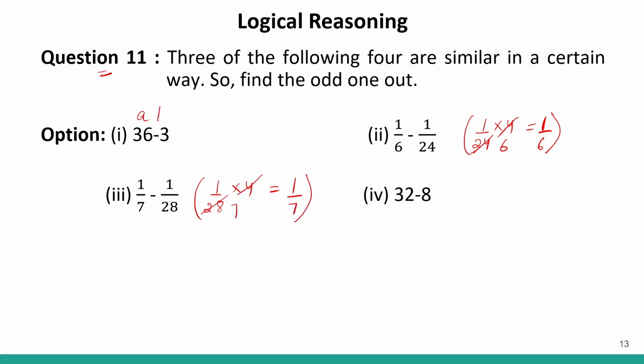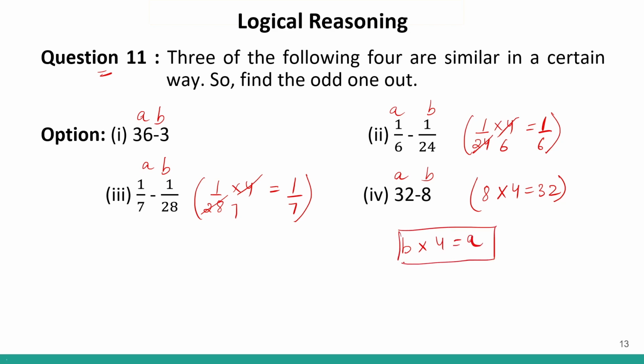So let's say this is A, this is B, in each case. And if I multiply 8 by 4, I'll get how much? 32. So basically, whenever I multiply B by 4, I am getting A. Correct? This logic is being followed in option number 2, option number 3 and option number 4.